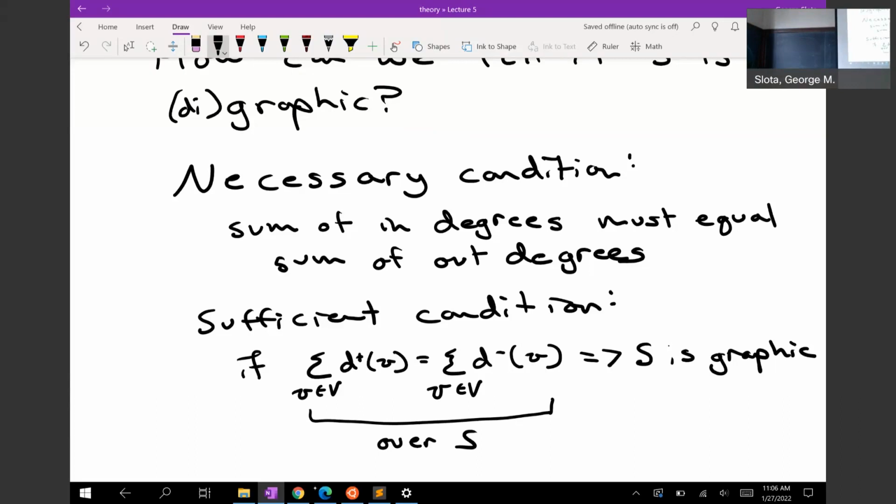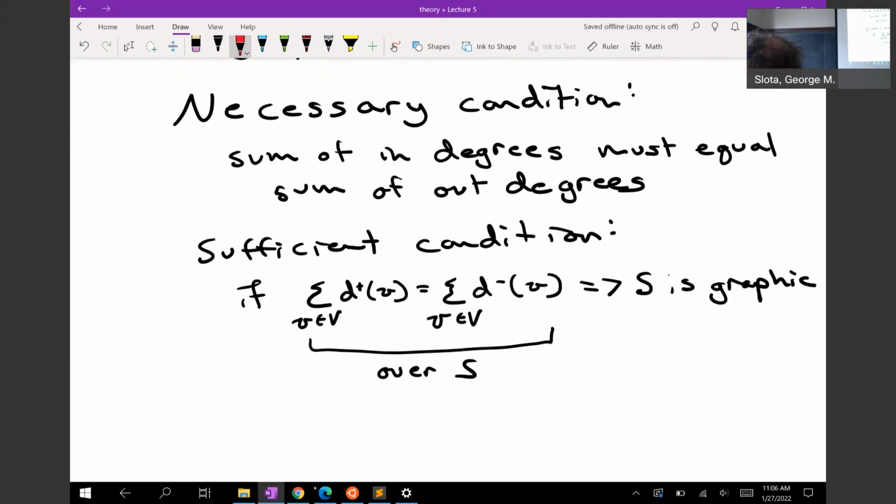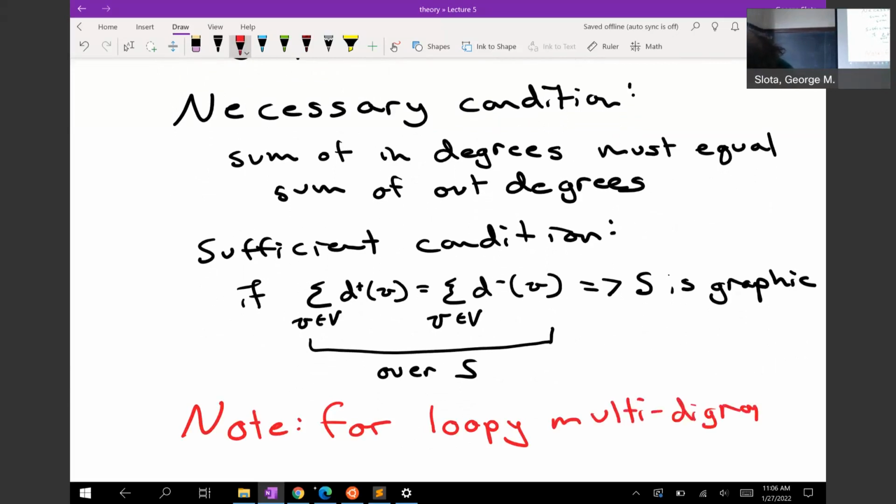All right, so sufficiency. So the sum equal to sum is in fact a sufficient condition. So let's note, for only loopy multi-digraphs, kind of like what I said before, the sum of the degrees equal to 2n is also a sufficient condition for loopy multi-graphs.